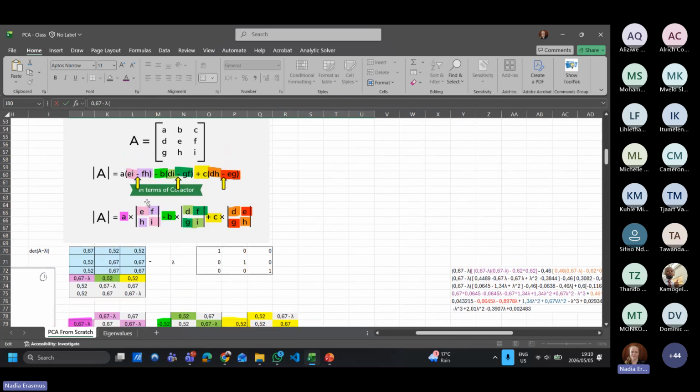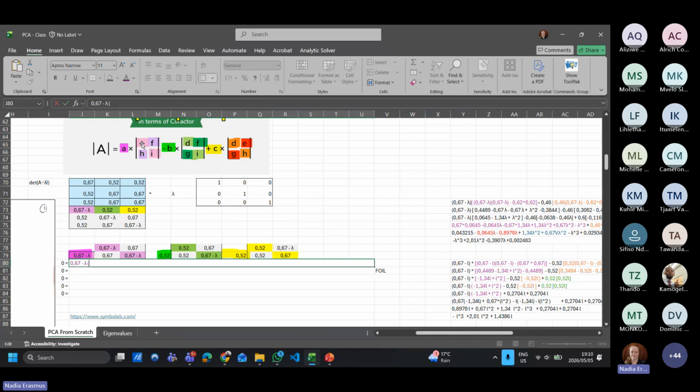So this matrix is multiplied out by doing E times I. So it's this first value and the last value minus the second value and the other second row column 1. Okay, it's very hard to explain it in the air, guys.